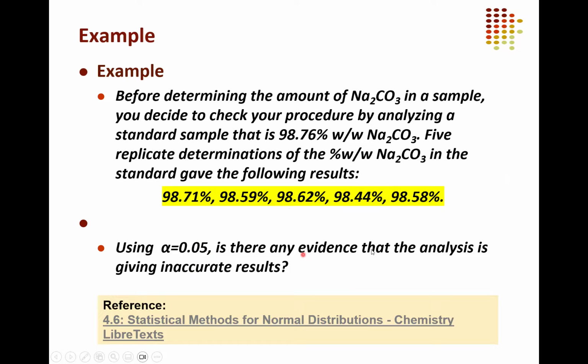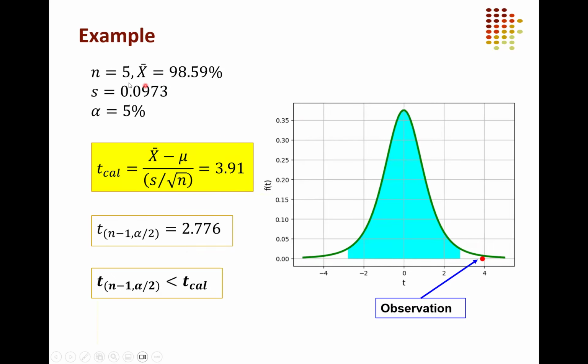Using alpha equal 0.05, is there any evidence that the analysis is giving an inaccurate result, which means there is more variation at the 5% significance level? So we will have the sample size, the sample mean value and the S computed from the same sample, and alpha is 5%.